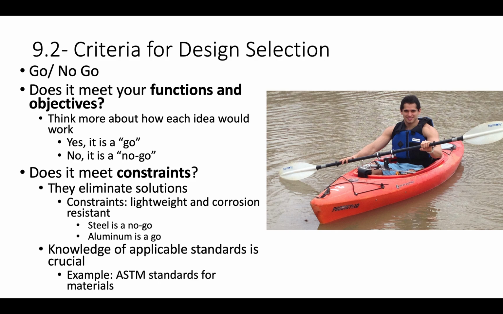And if it's yes, it's a go, and no, it's a no-go. And does it meet your constraints? So constraints can eliminate solutions. So one constraint, for example, for a kayak project, the materials have to be lightweight and corrosion resistant. So steel would be a no-go, and aluminum is a go.